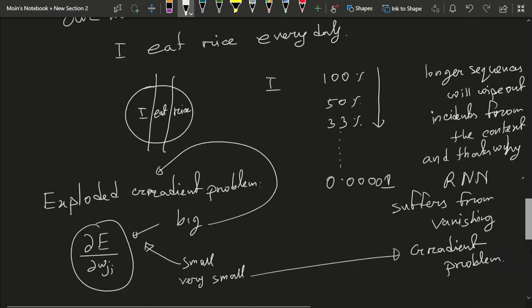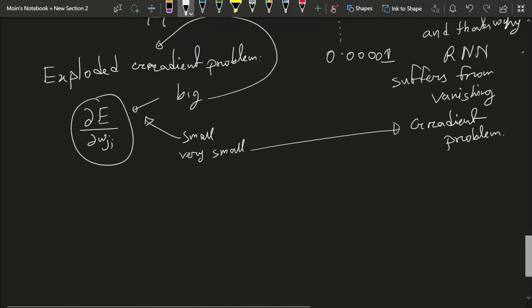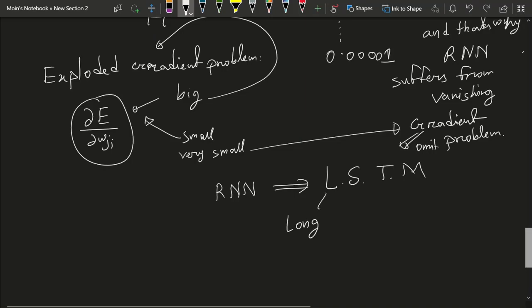So for removing the vanishing gradient problem, RNN takes help of LSTM to omit the vanishing gradient problem. LSTM was introduced, where L stands for long, S stands for short, T stands for term, M for memory.